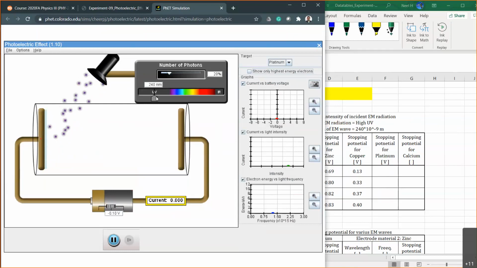So if I want to get the current, maybe I have to change the wavelength a little bit. So it seems there is no current at all. Let's increase the wavelength a little bit and see whether I can get the current. Platinum is actually a very good metal, so I have to go all the way to the very high UV region.